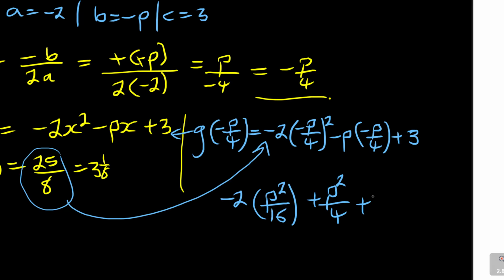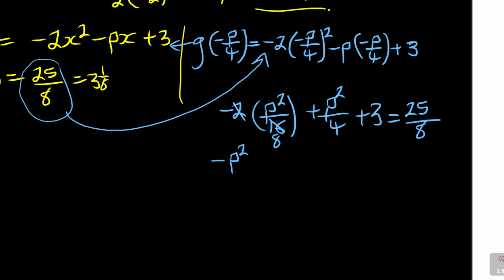This is equal to 25 over 8. Then that cancels, giving me 8, which is minus p squared over 8 plus p squared over 4 plus 3 is equal to 25 over 8.